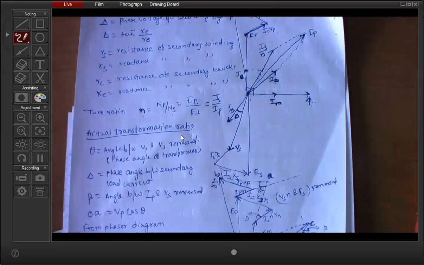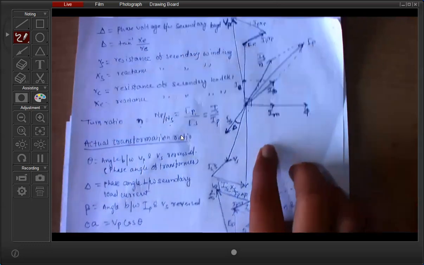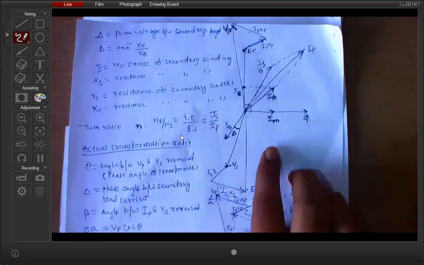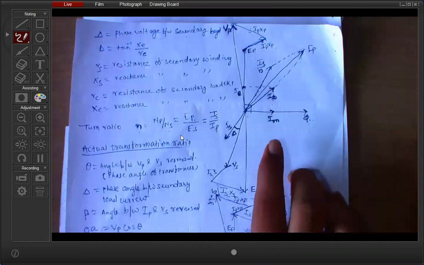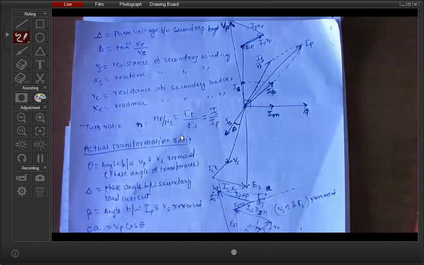Anyone? The difference between the phasor diagram of potential transformer and power transformer.